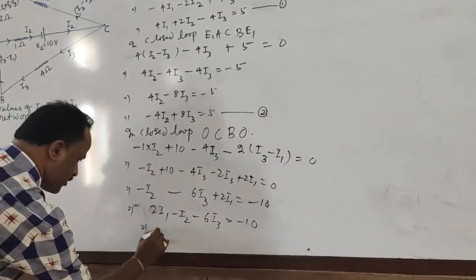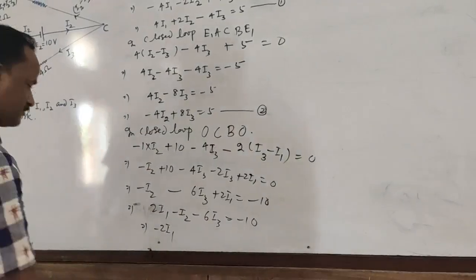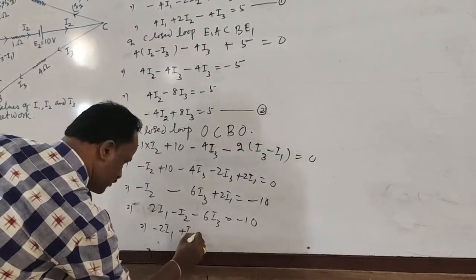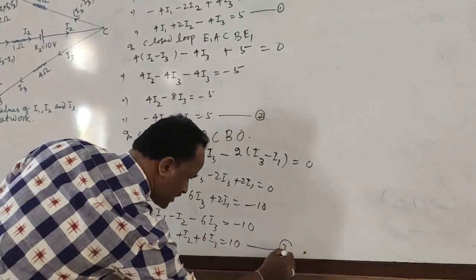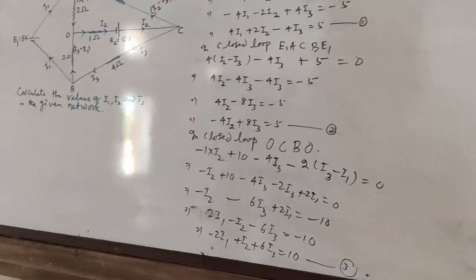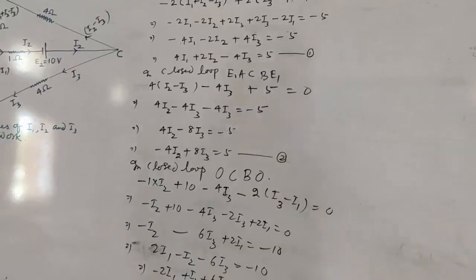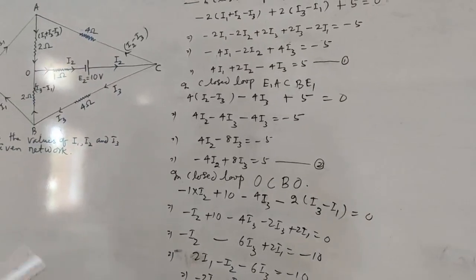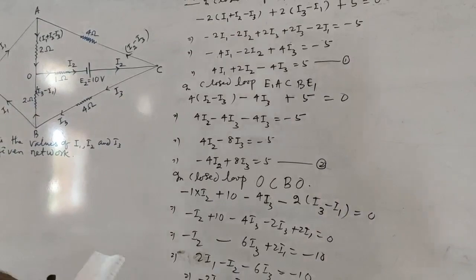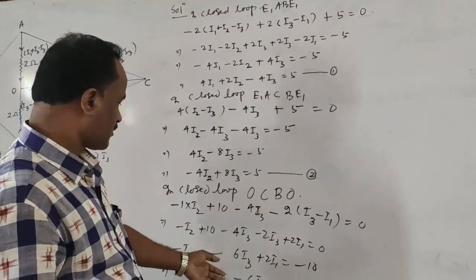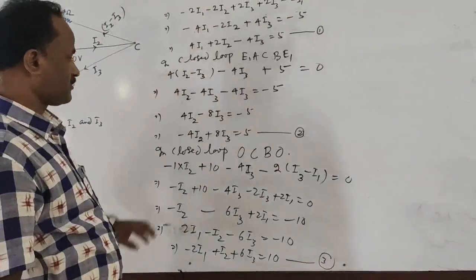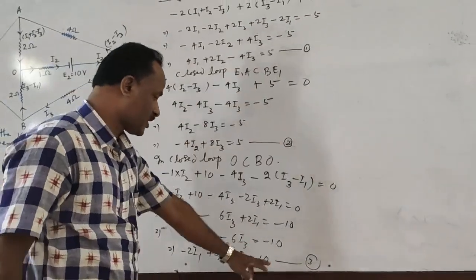Or simply, minus 2I1 plus I2 plus 6I3 is equal to 10. Call this equation 3. So 3 equations are there, considering the 3 closed loops given: equation 1, equation 2 and equation 3.